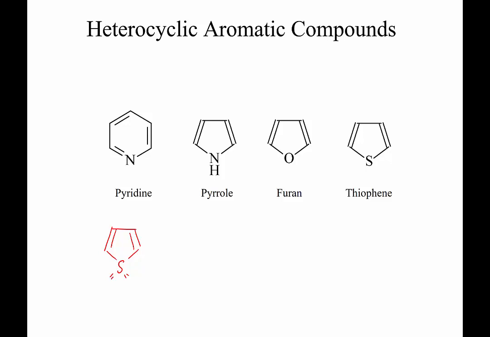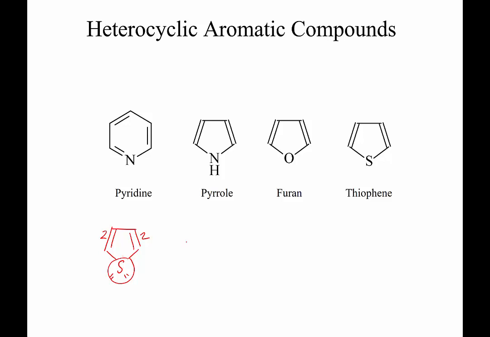But let's say it's not. Let's say I ask, is this aromatic or not? I've got 2, 4 pi electrons. I'm looking for 6. The only way the sulfur can contribute is if it's sp2 hybridized.